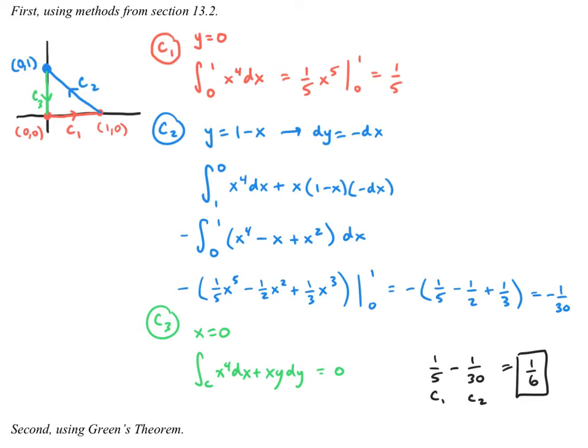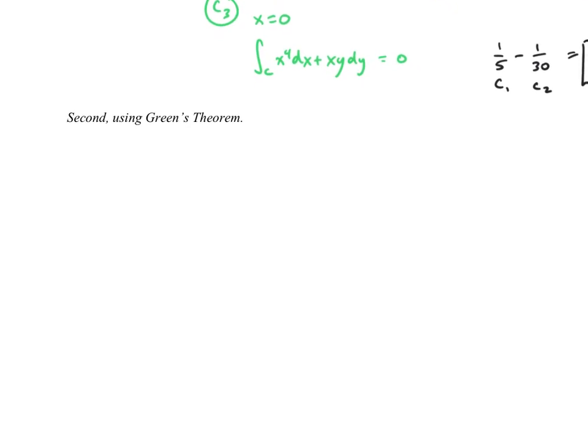Because in this particular case we have a positively oriented closed curve, we're going to attempt to use Green's theorem. So let's go back here for a second and draw this out one more time. We have this triangle here, and this region right here is the region D. Green's theorem says that we would take the double integral over D of dQ/dx minus dP/dy dA.